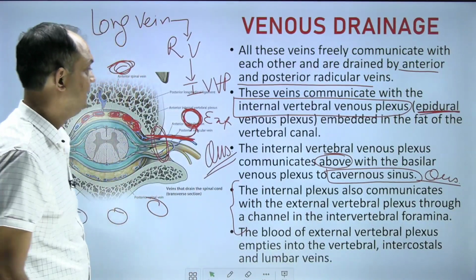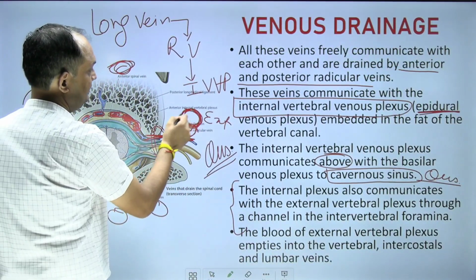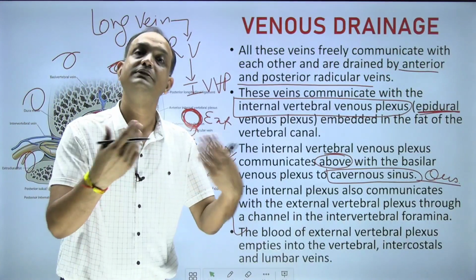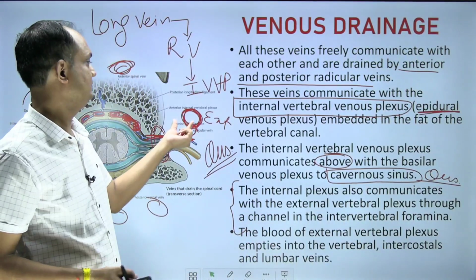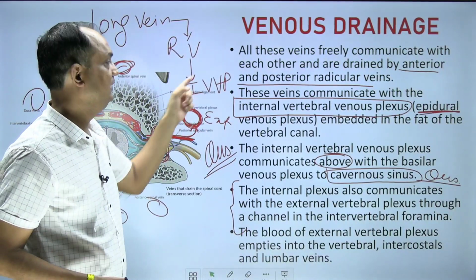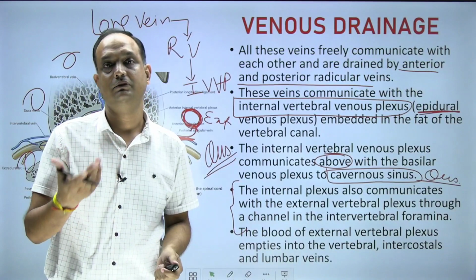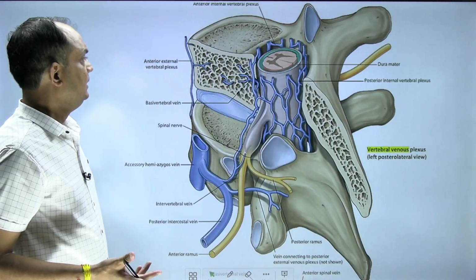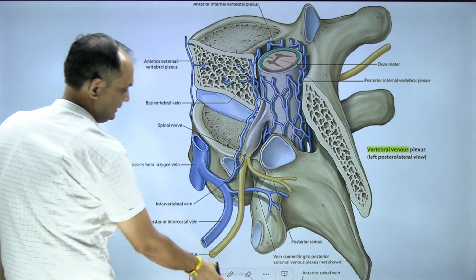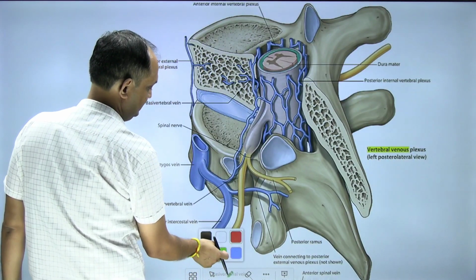So ultimately, the blood from these external veins will go into the veins present in the vicinity. Like if it is the posterior wall of the chest, then this blood will enter the posterior intercostal vein. Clear? Now in this image, there are two sets of veins visible.